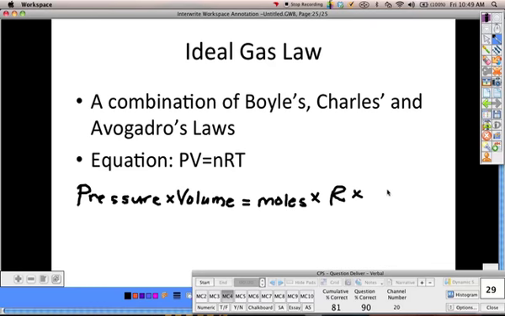You can read ahead in your notes a little bit. You're going to have 4 things given to you, and you're going to have to figure out one for each of the problems that you get that deal with the ideal gas law.